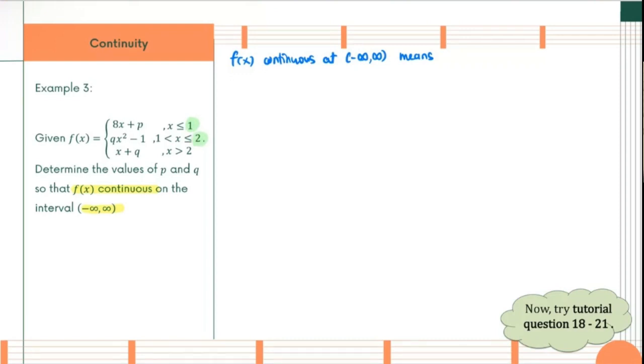So maksudnya limit of x approaching 1 of f(x), oh, saya kena letak dekat atas ni, and limit of x approaching 2 of f(x) exists. Kan limit dia exist dan value dia pun adalah value yang sama. So saya akan gunakan using second condition.